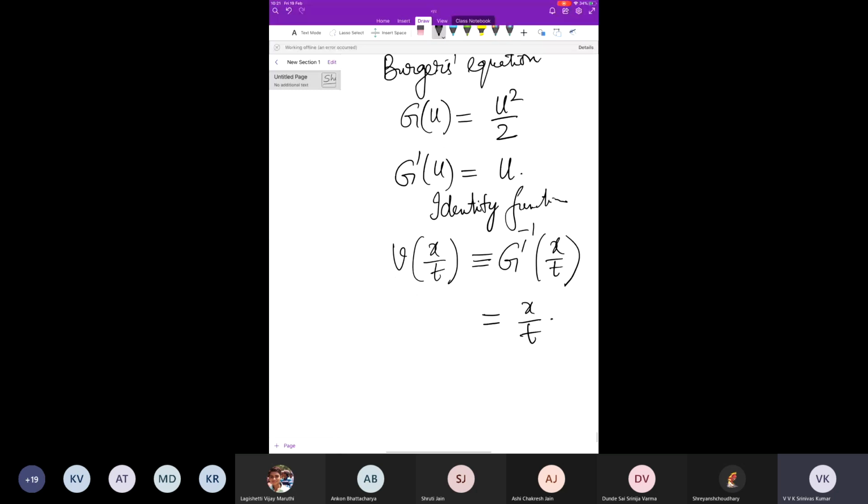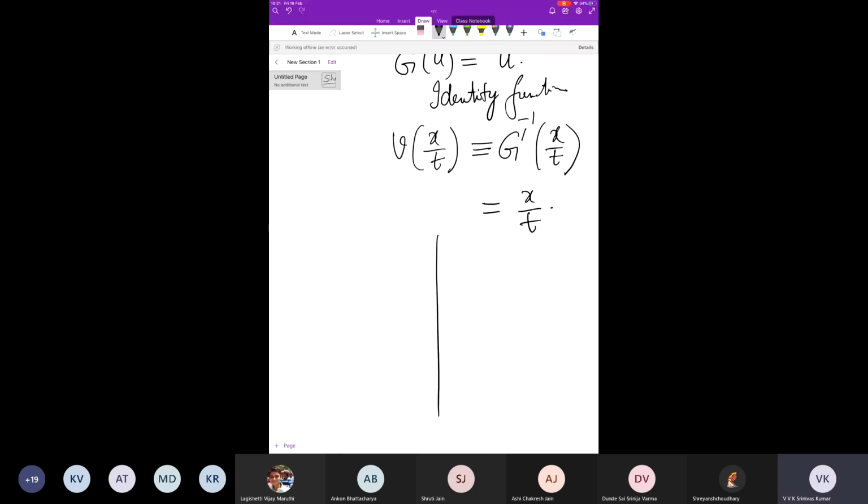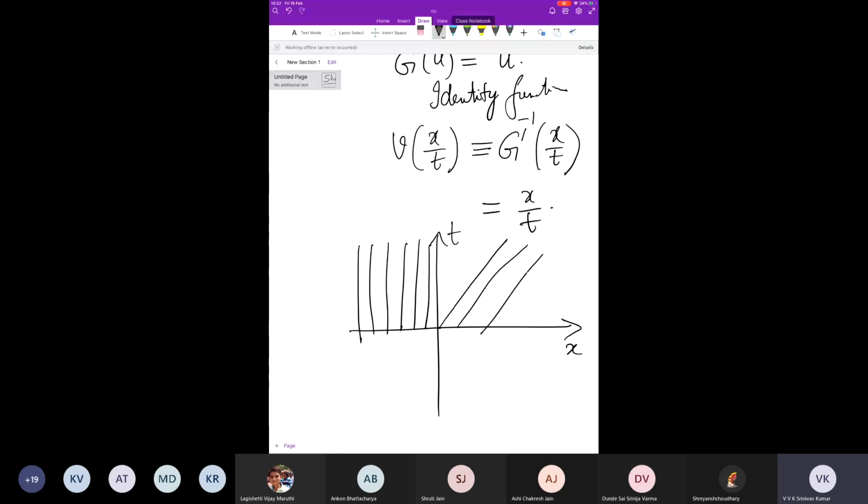Now come back to our x and t plane. So we have characteristics like this. In this region, for t, define the solution as x upon t.